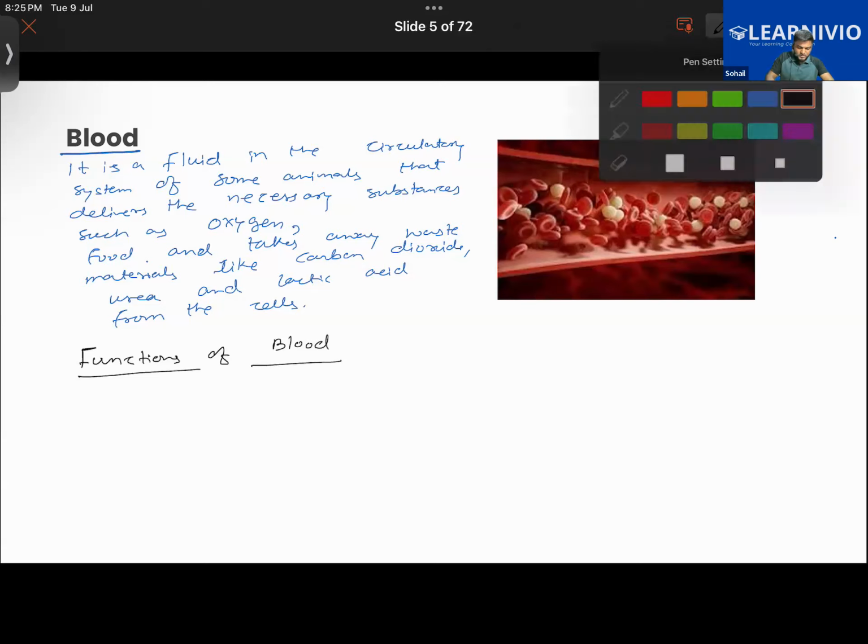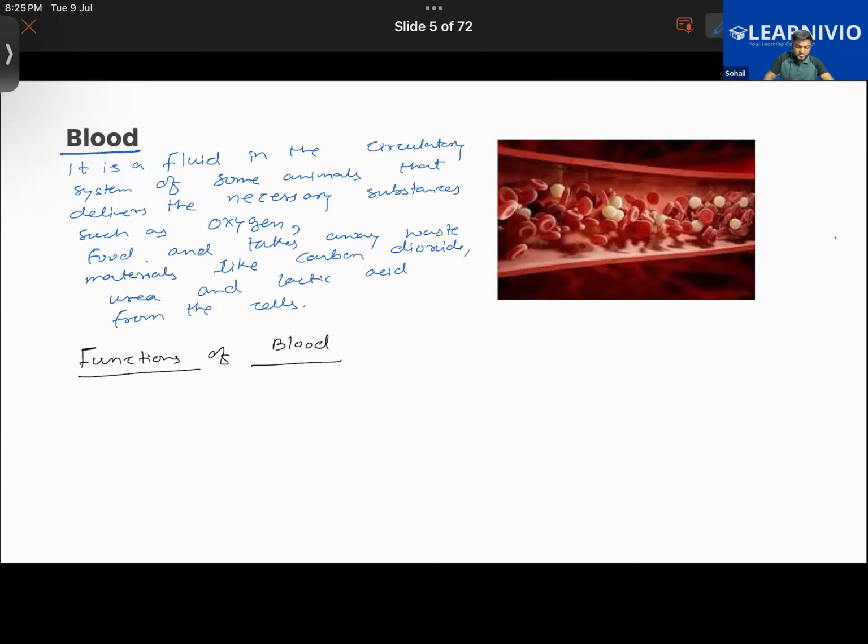For those of you who are done, now write the functions of the blood. Talking about the functions of the blood, following are the main functions. The first function is that it supplies oxygen to cells and tissues.